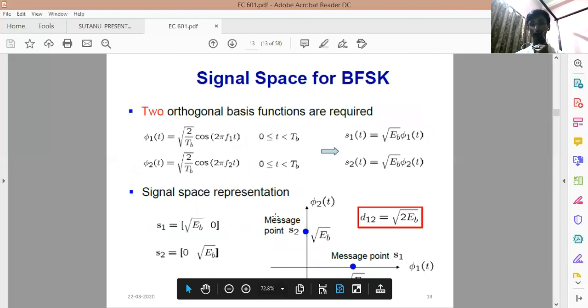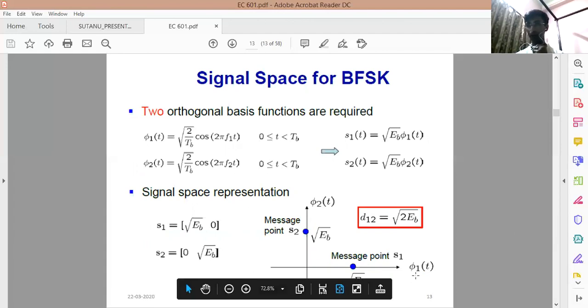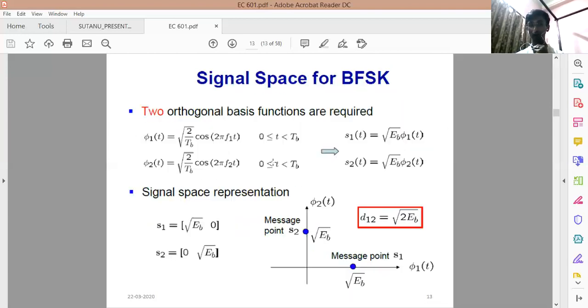When I want to represent it in our BFSK signal space diagram, it may be shown like this. This is our basis function, the first message point S1, for the representation of 1, S1(t) for 1 and S2(t) for 0.